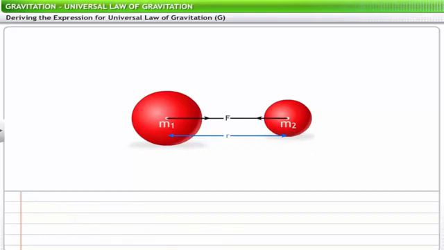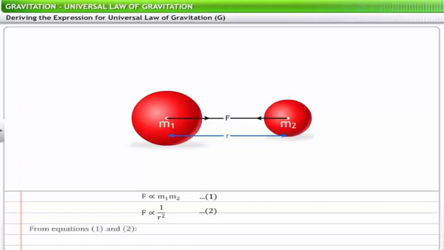According to Newton's universal law of gravitation, the gravitational force between two bodies, F, is directly proportional to the product of the masses of both the bodies, m1 and m2, and inversely proportional to the square of the distance between them, r.